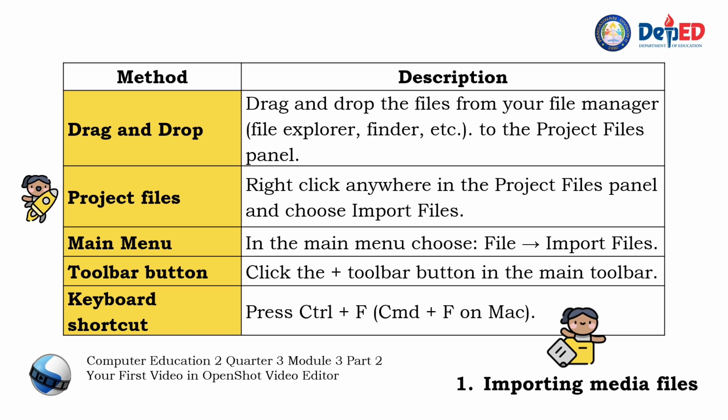Next is through the project files. This method involves right-clicking on the project files panel, then choosing Import Files. Next is through the main menu. In the main menu, choose File and then select Import Files.